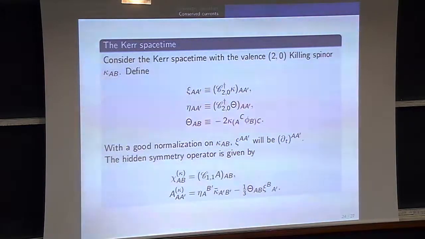And now if we just plug this into the previous equations we had, we get that the symmetry operator has this nice potential form, with the potential just described in terms of this theta and the eta. So that's simple.